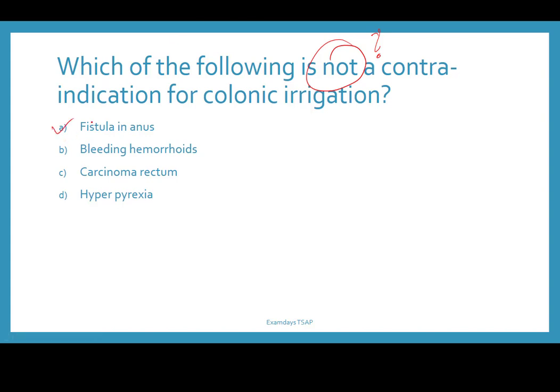Option A, fistula in anus. Option B, bleeding hemorrhoids. Option C, carcinoma rectum. Option D, hyperpyrexia. So the correct answer, which is not a contraindication for colonic irrigation, is hyperpyrexia.